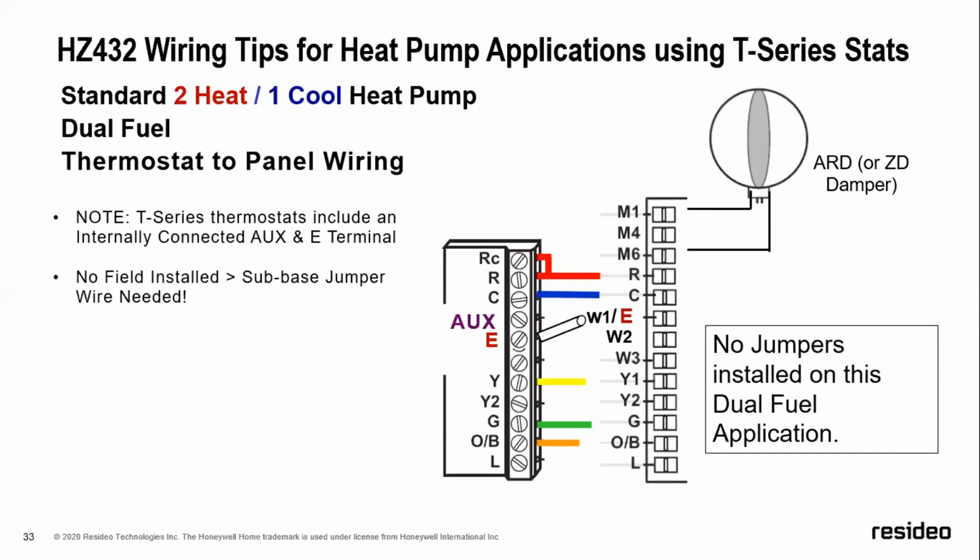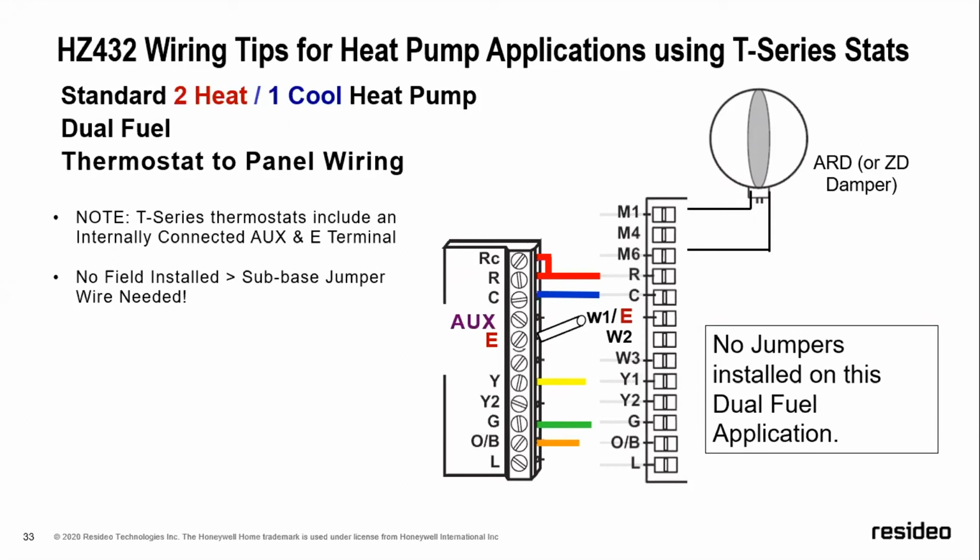Next slide, please. Okay, now for a dual fuel application, now think about this. We don't use any jumpers in that particular application, and the furnace is going to be like the emergency heat on the heat pump. We're never going to operate the compressor and the heat pump at the same time.